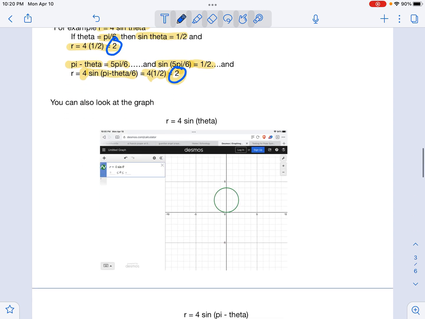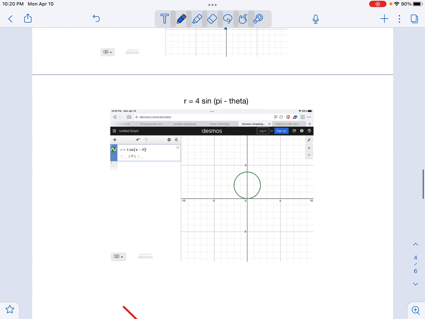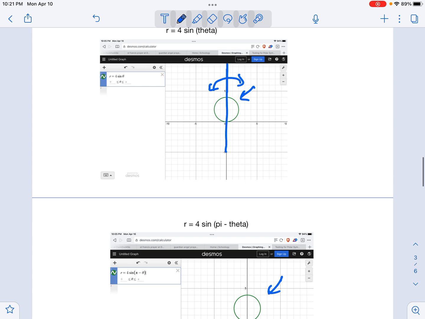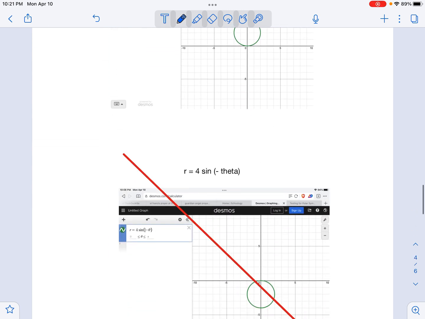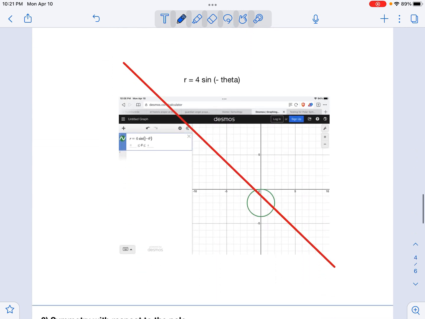You can also look at the graph, and here you can see that this graph, which is 4 sine theta, is symmetric about the pi over 2 line. And here I have 4 sine of pi minus theta, and you can see that this graph is identical to this graph.